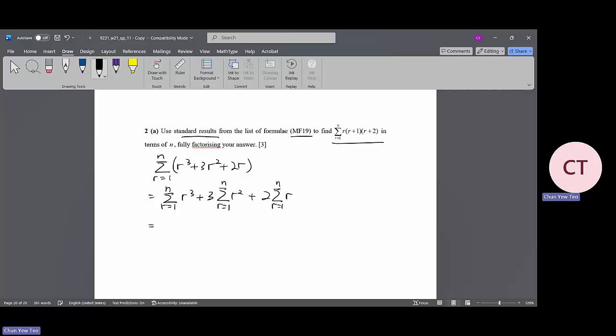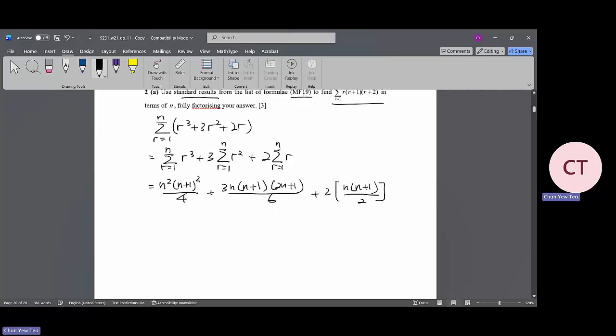The formula booklet will give you n squared (n plus 1) squared over 4. This one will give you 3n(n plus 1)(2n plus 1) over 6. And this will give you (n plus 1) over 2. You can see that we have a common factor of n and n plus 1.